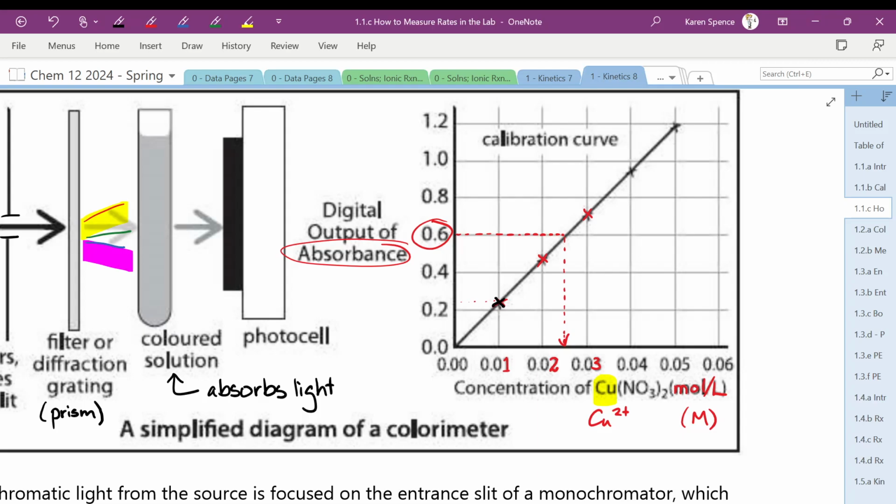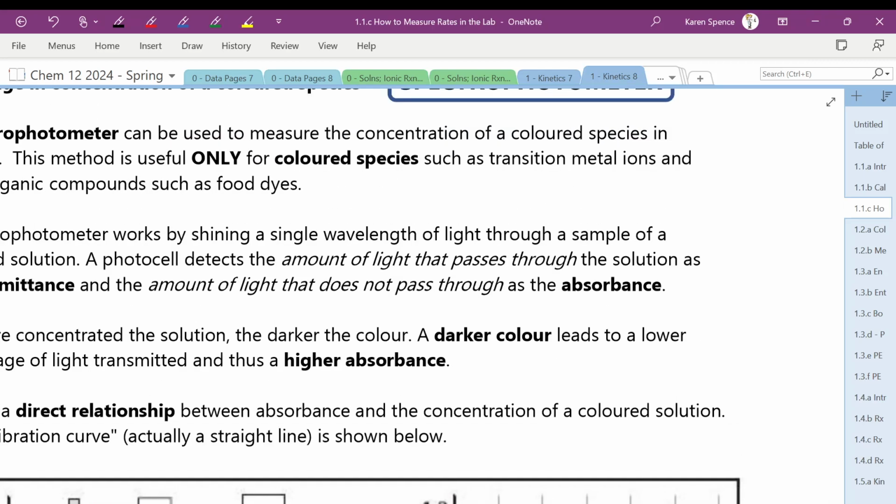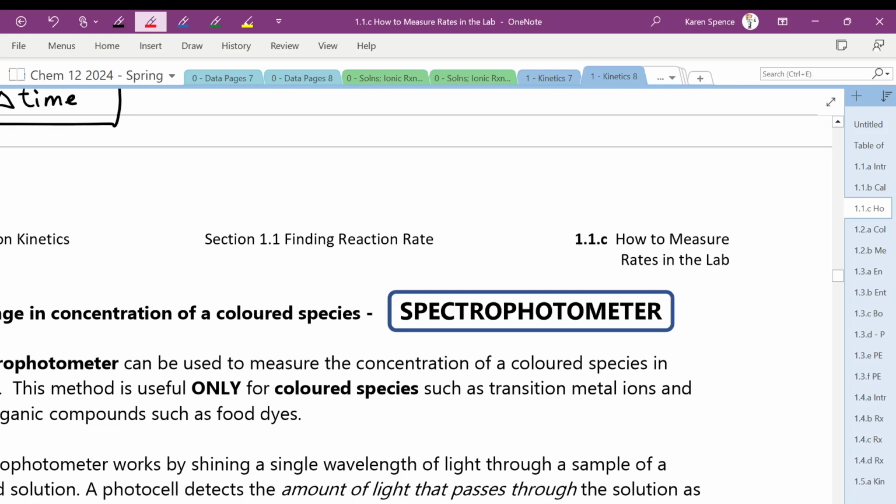You just need to know that if you have a reaction that looks like this, crystal violet, purple, plus bleach, goes to some colorless product. I don't even know what it is.